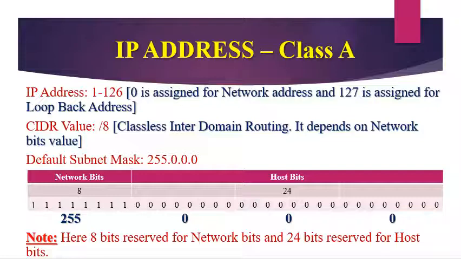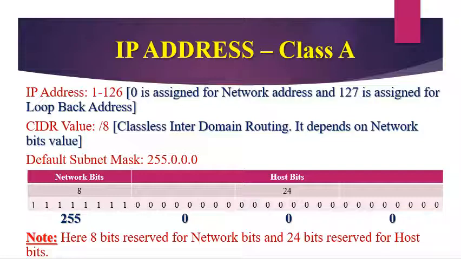The network bits are always represented as 1 and the host bits are always represented as 0. So according to this example, the first 8 bits are 1 and the remaining 24 bits are 0. If you convert the 8-bit binary number into a decimal number, you will get 255.